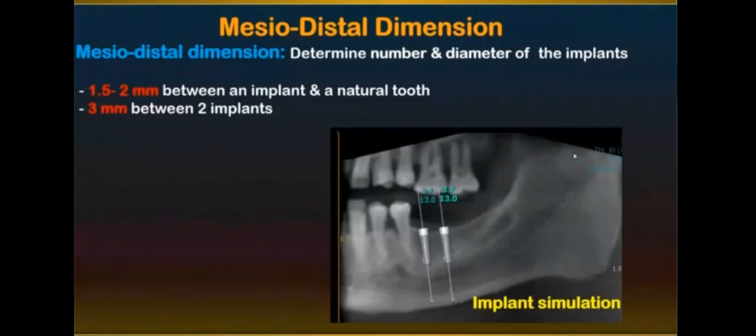So in the imaging software or the implant planning software, there is a maneuver called implant simulation. With implant simulation you can place imaginary implants, and we can see the distance between them. Is it possible to implant here or not?